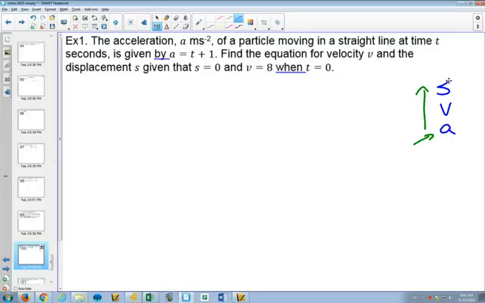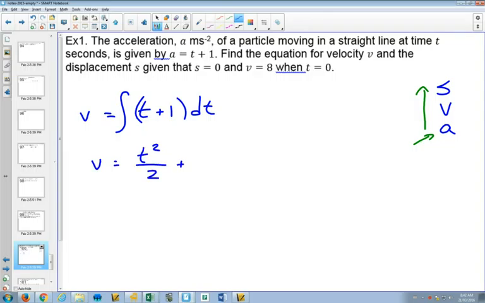So integrating once will give us our velocity formula. And this is an easy integral to do. But we get plus c. Any ideas how we can figure out that c? Well, we're given that at t equals 0, the initial velocity is 8.